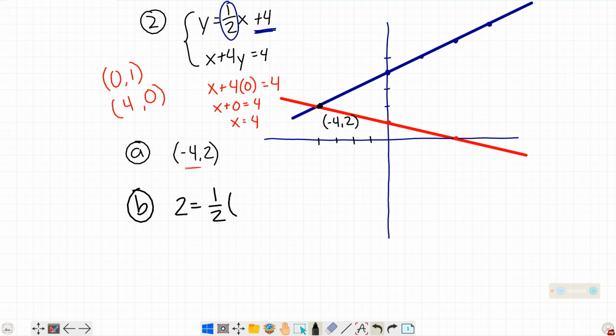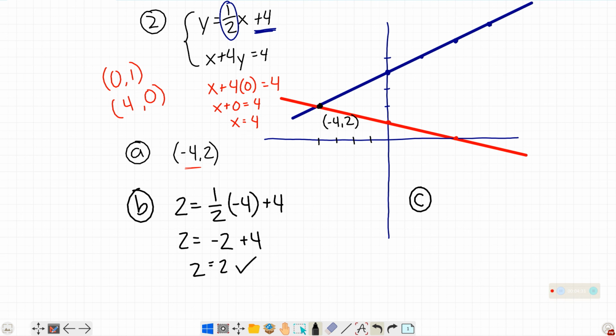My x value is a negative 4. And then I have plus 4. Half of negative 4 is going to be negative 2. And negative 2 plus 4 is a positive 2. And sure enough, 2 does equal 2. So it works for that first equation.